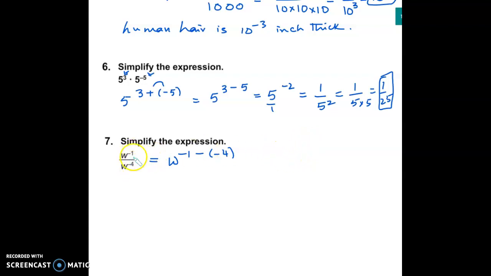When I divide, I need to subtract these exponents. So that's the reason I use this subtract sign here. So let's do the math. Now w to the negative 1, and then negative times negative becomes positive 4. So that is nothing but w to the third exponent.